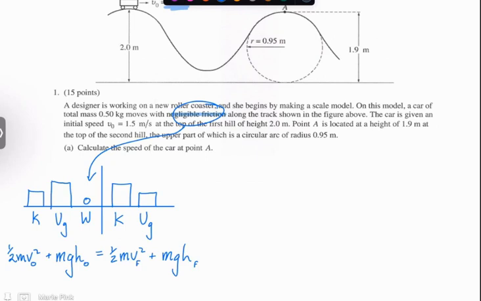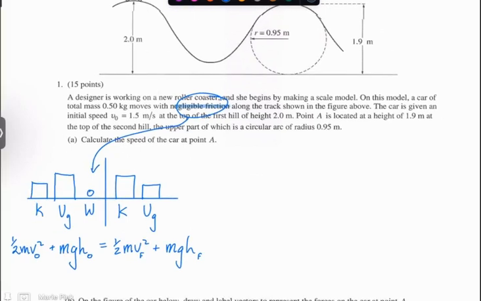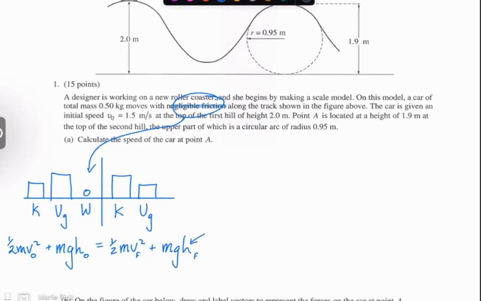All right, so now we just need to plug in the numbers. The final height was 1.9. Mass is 0.5. Starting velocity was 1.5. And starting height was 2. Okay, g is 9.8.